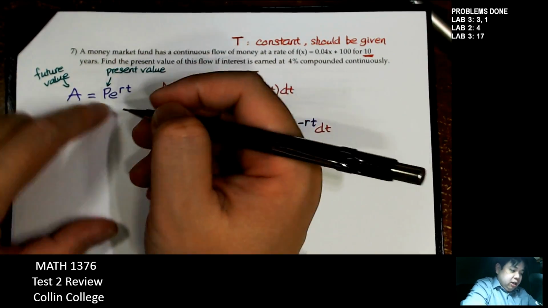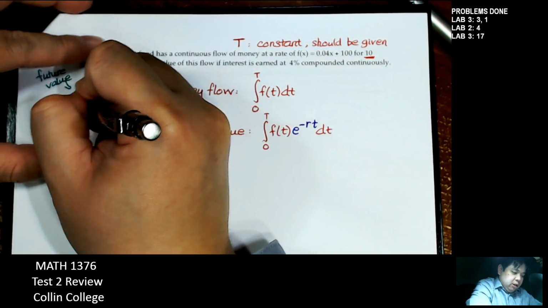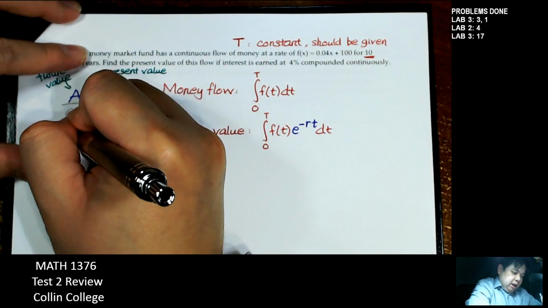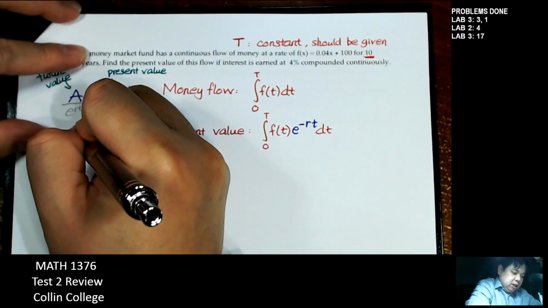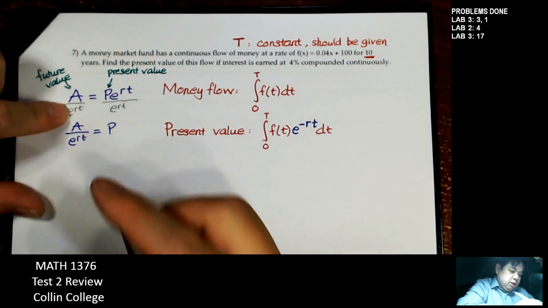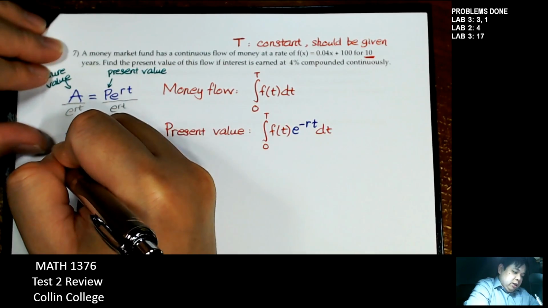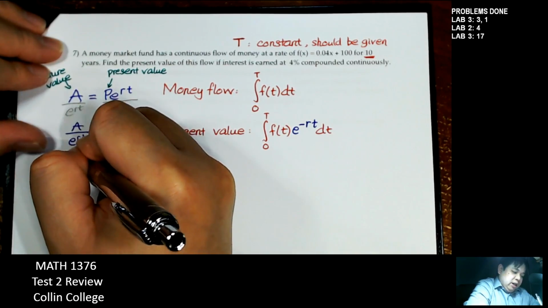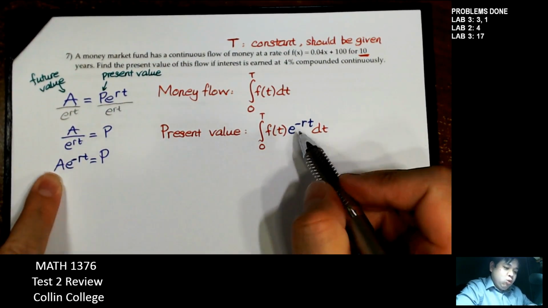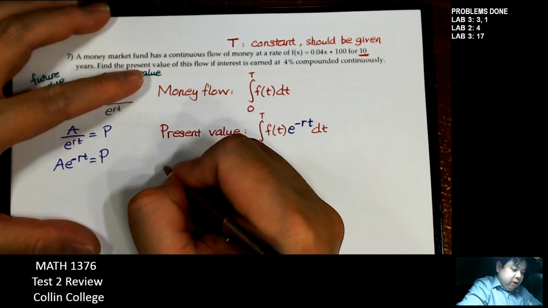If we want to solve for P, the present value, I will divide by e to the rt on both sides, and we have A divided by e to the rt equal to P. If we move this up, we have P equal to A e to the negative rt. So when we move it up, it becomes e to the negative rt, and that's why we multiply by e to the negative rt. Right, the future value.